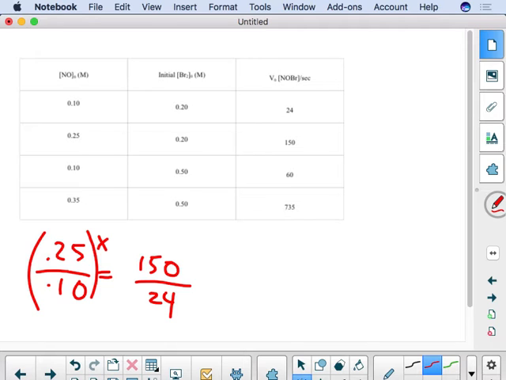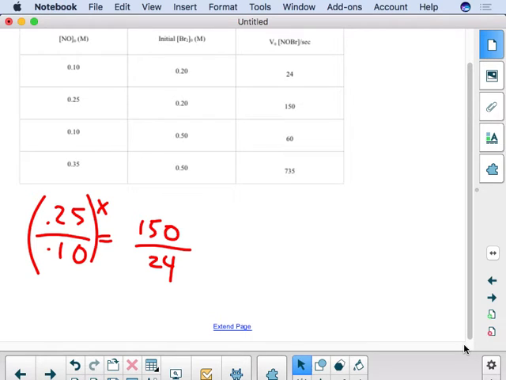Connor, what's 150 over 24 give us? I'm asking Connor what 150 over 24 is. It is 6.25. Okay.